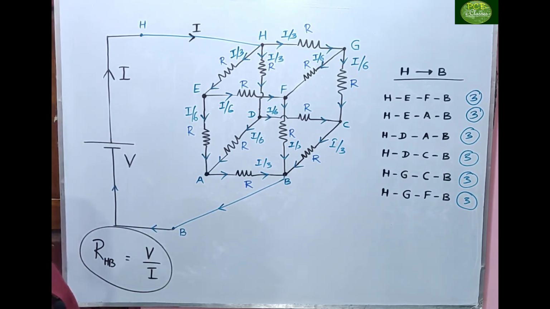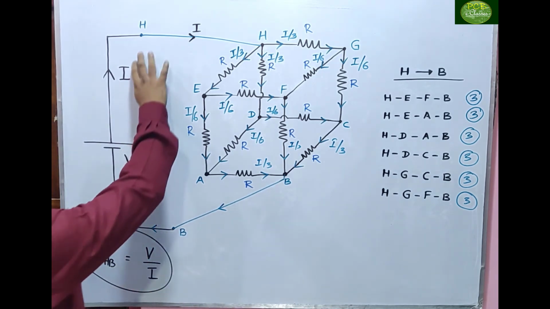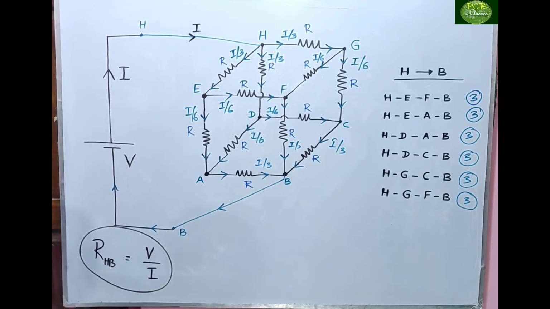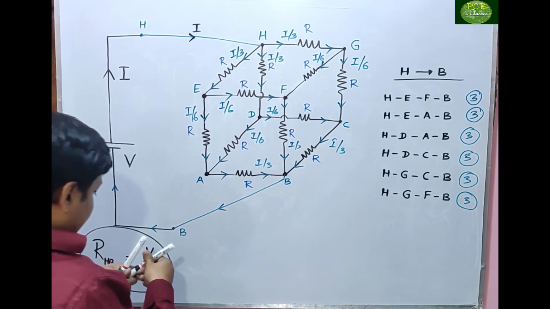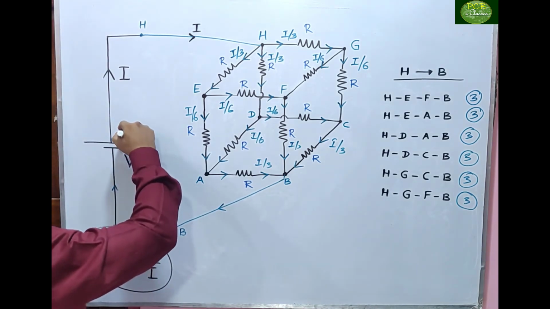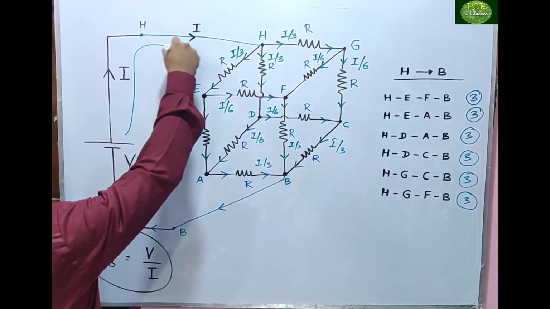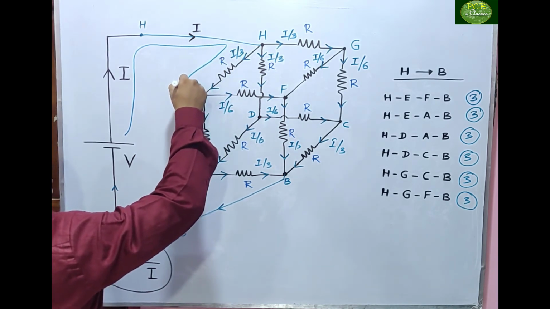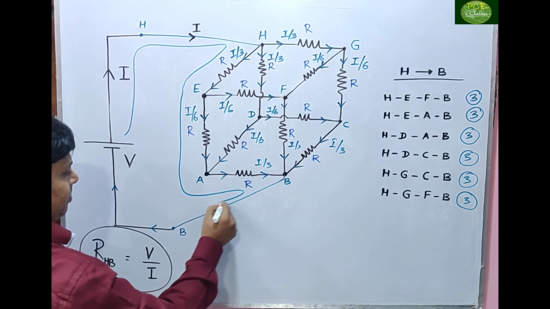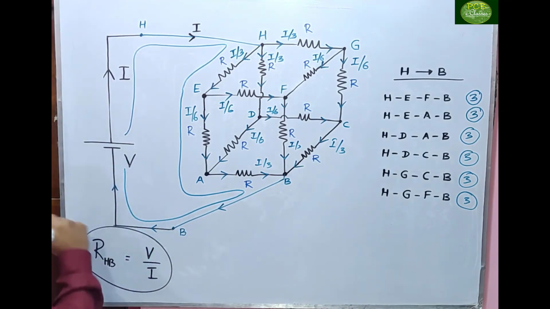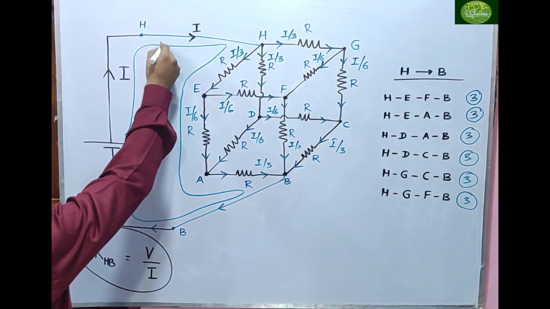Now we will apply KVL. See here, how I will apply it. I will start from V, H, E, A, B and come back. Can I say this is a KVL loop?